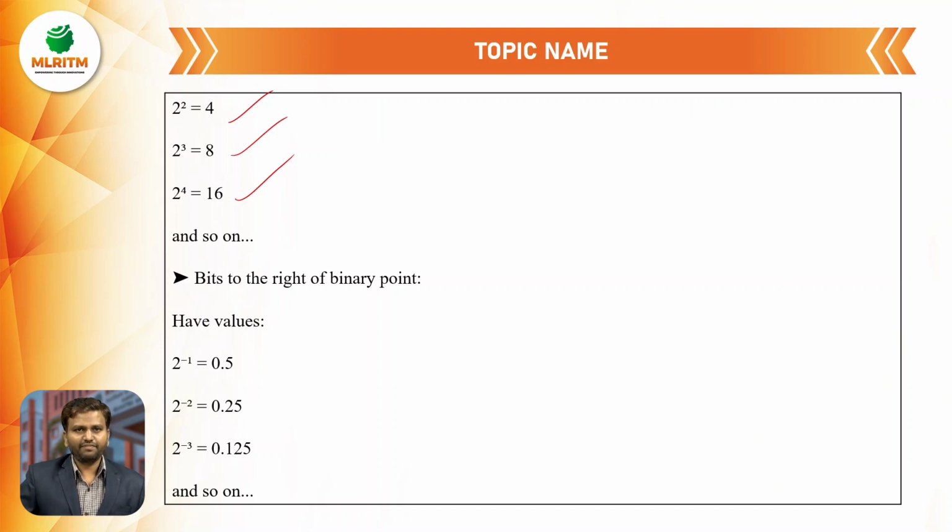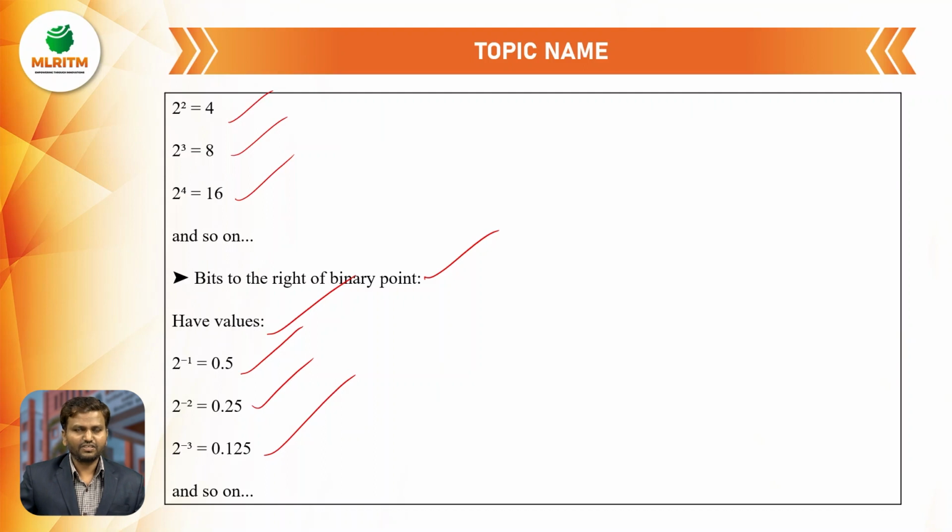Going to the left, the value is multiplied by 2, and going to the right, it is divided by 2. Observe the right side values: 2 power minus 1 is 0.5, 2 power minus 2 is 0.25, and 2 power minus 3 is 0.125.